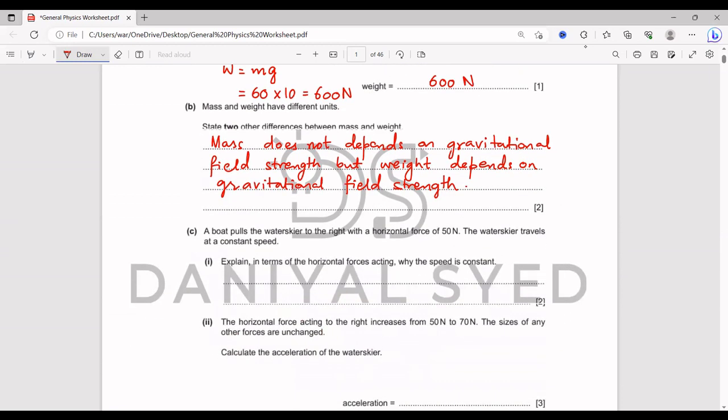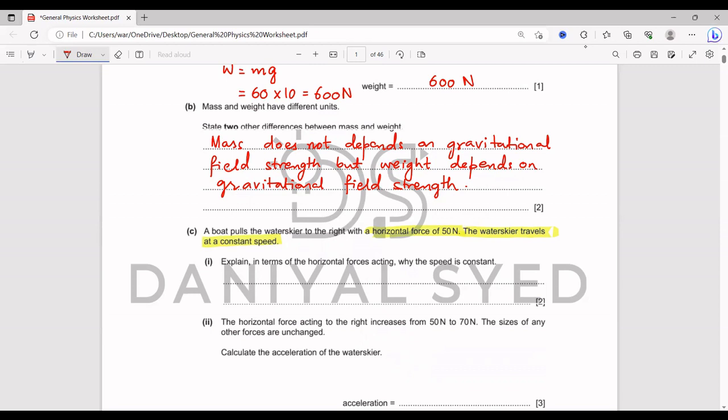Now, in part C, a boat pulls the water skier to the right with a horizontal force of 50 newtons. So guys, a horizontal force of 50 newtons is given to you. And the most important point is that the water skier travels at a constant speed. So this is an indication that all the forces acting on the water skier are equal to each other or balanced in nature.